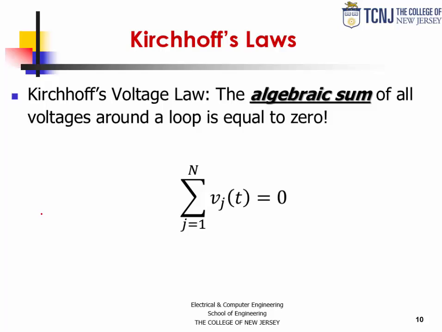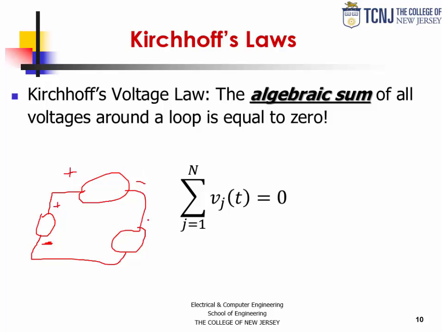For example, if I have certain element here in this circuit, and then I have another element, and I have a third element around a loop, and I know that the sign here is negative, and this one is positive, and over here is positive and negative, and also here. When we add these three voltages algebraically, I'm going to write this one with a negative sign and these two with positive signs.